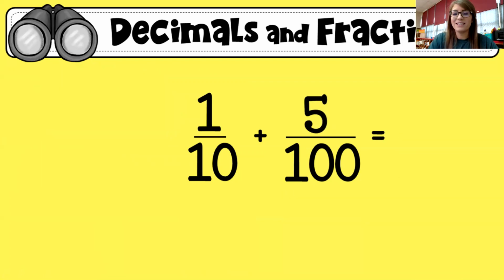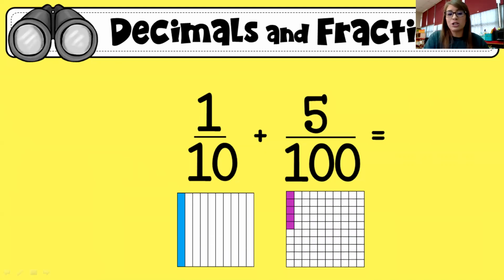All right, let's look at another one. 1/10 plus 5 hundredths. Which fraction can we leave alone? Yes, we can leave the 5 hundredths alone. It can stay the same. So that means we are going to have to change 1/10 into an equivalent fraction with our denominator being hundredths. Okay, again, here's our shape shaded in: 1/10, 5 hundredths. 1/10 is going to be equivalent to how many hundredths?